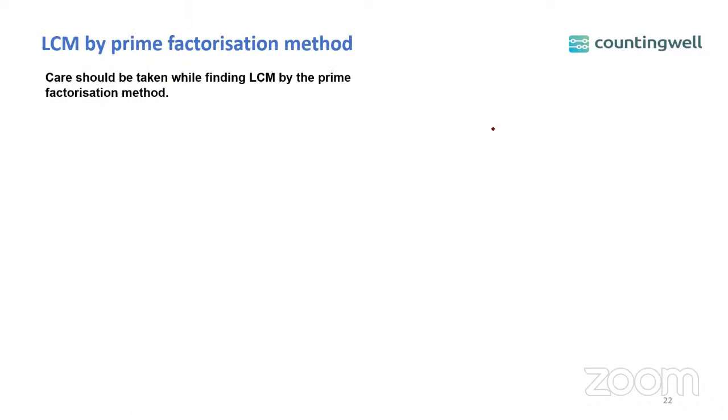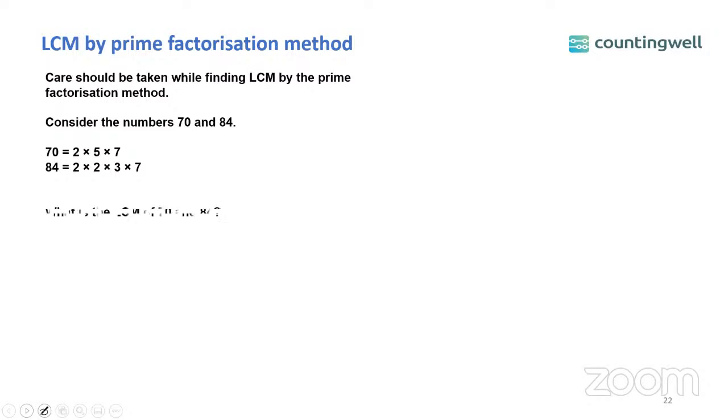Now, LCM by the prime factorization method. Care should be taken while finding LCM by the prime factorization method too. If we consider the numbers 70 and 84, the prime factorization of 70 is 2 into 5 into 7, and the prime factorization of 84 is 2 into 2 into 3 into 7.